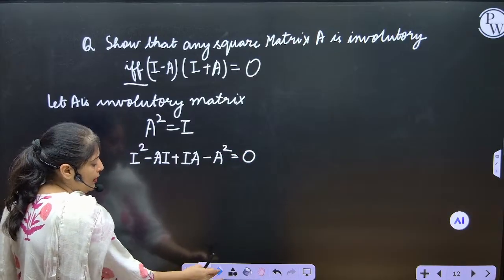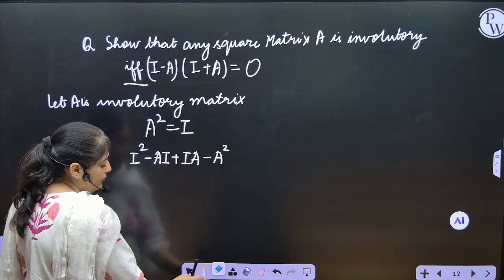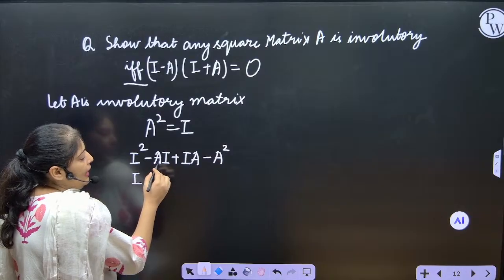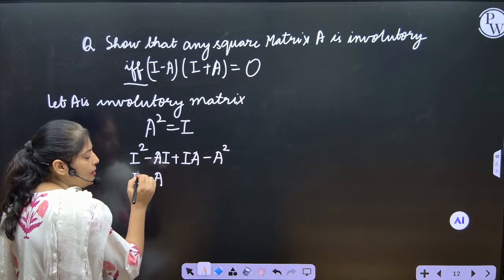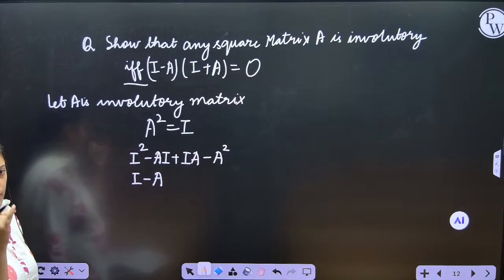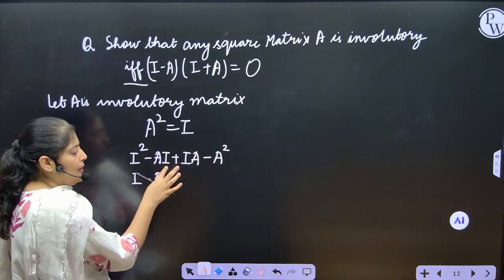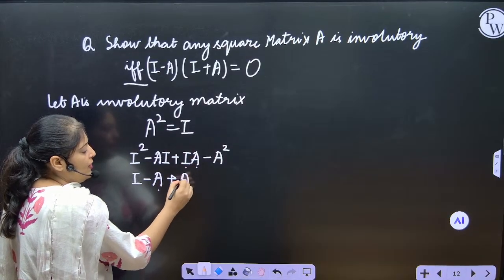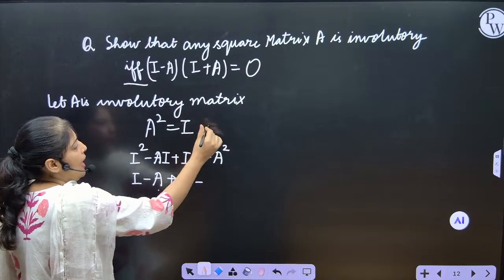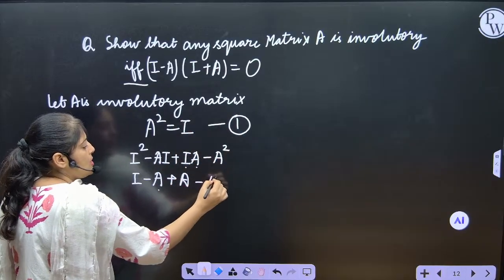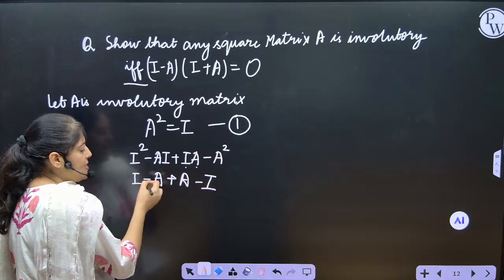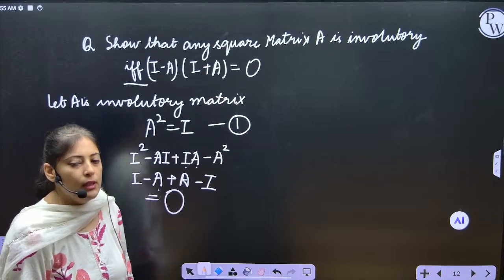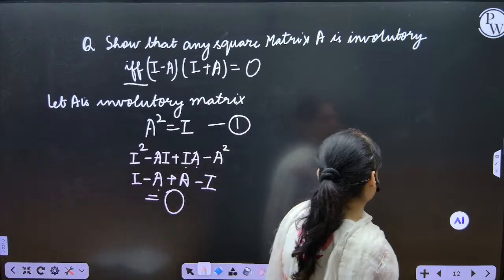This we have to prove equals 0. Now I square is identity only. AI is also, as I told you, by the identity matrix properties, any matrix multiplied with the identity matrix will come out to be the original matrix. So this will also be A. A square is nothing but identity, which is already given to us. So identity minus identity cancels, and A and minus A cancel. It will come out to be the null matrix.